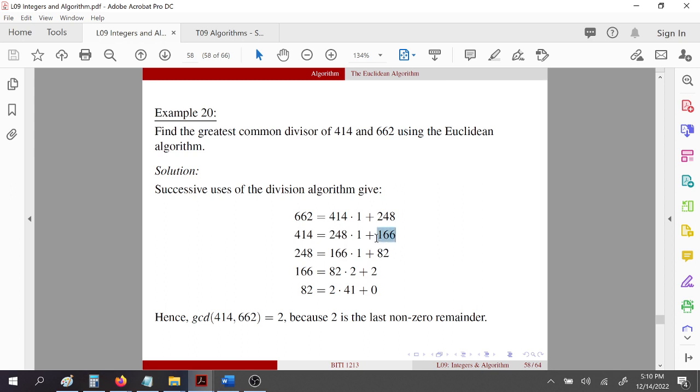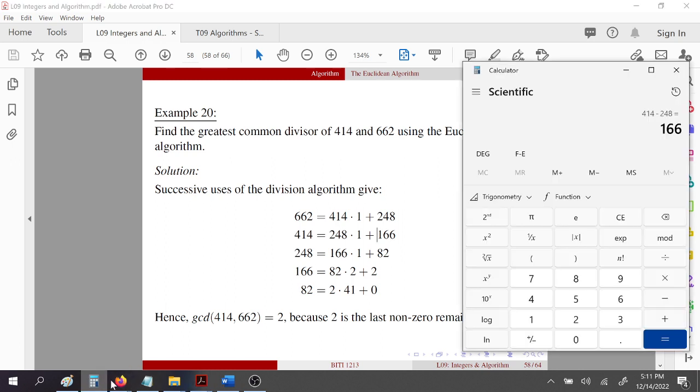This one means remainder or balance. And then after that bring 248 down here and 166 here, and do the calculation to obtain the remainder. So 248 minus 166, then we can obtain 82.